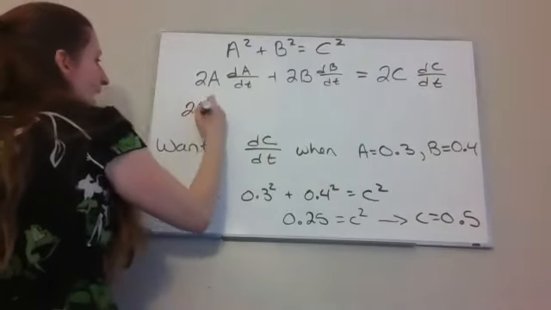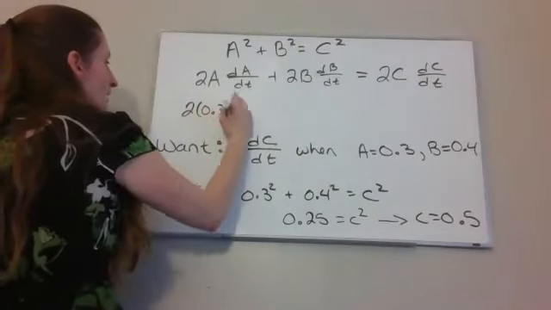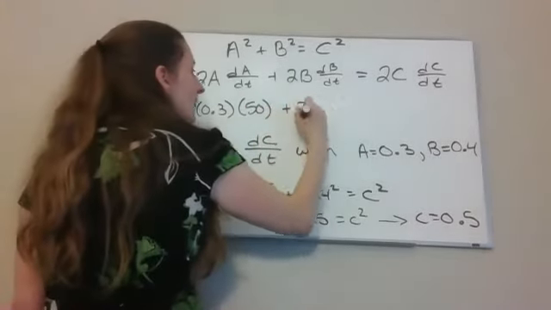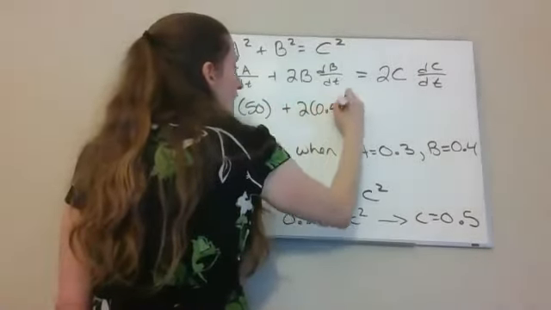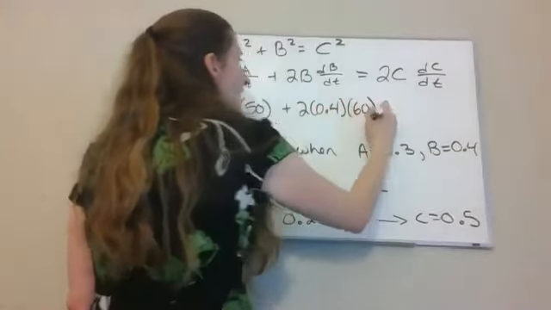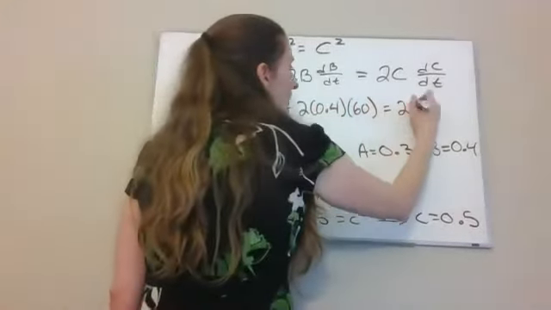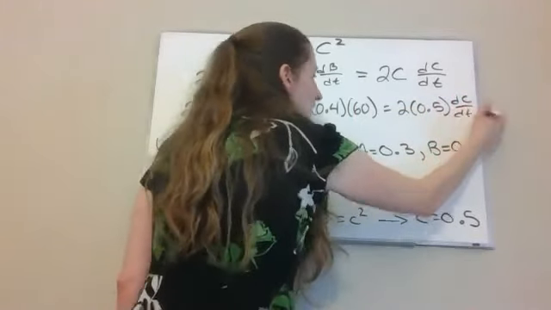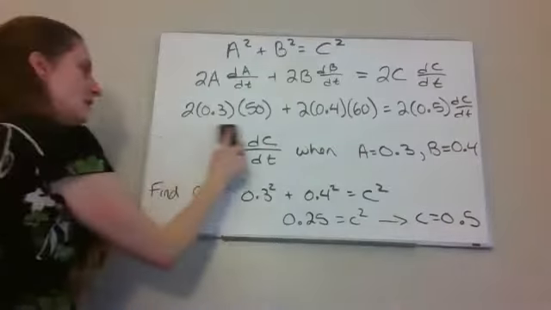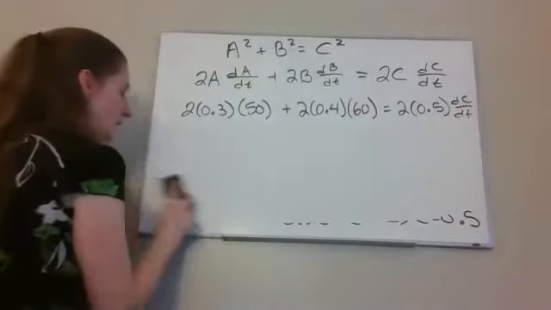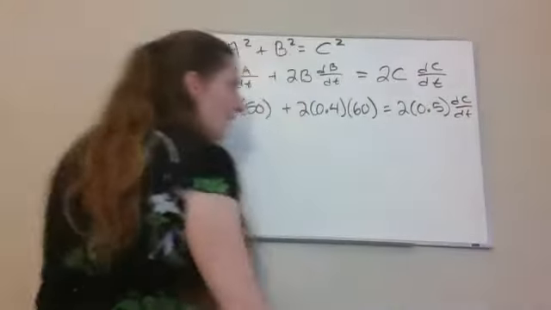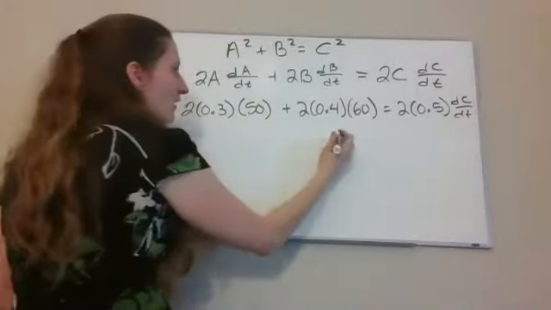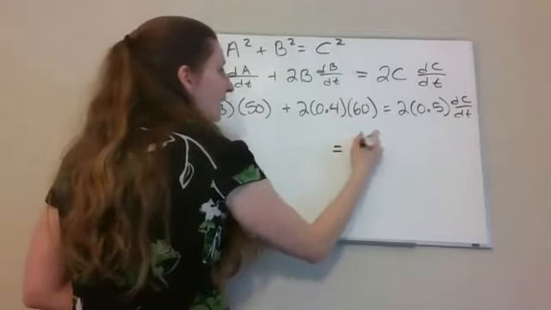I know my a was 0.3, my dA/dt was 50. My b is 0.4 and dB/dt was 60. And I know my c is 0.5. So notice on this right side, we have 2 times 1/2, which is just 1. So I already have dC/dt all by itself.